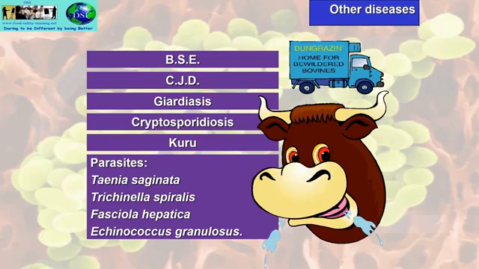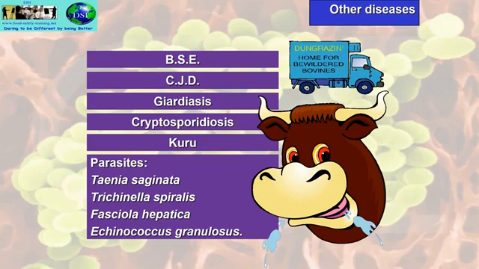If it's minced or cut in any form, then you must cook it well to at least 63 to 75 degrees C. Unfortunately, Trichinella spiralis, you'll find it in pork, you'll find it in bear meat, you'll also find it in horse meat.